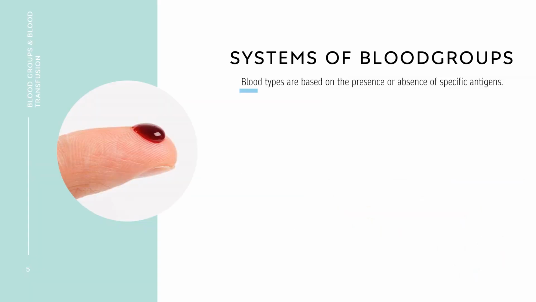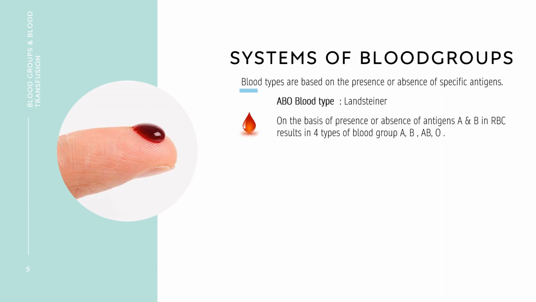Based on this knowledge, let us see what are the different systems or different classifications of blood groups. We are familiar with a very common type, which is the ABO system, where we have heard people having A positive, B negative, and so on. So that type of blood group is called the ABO blood group type.